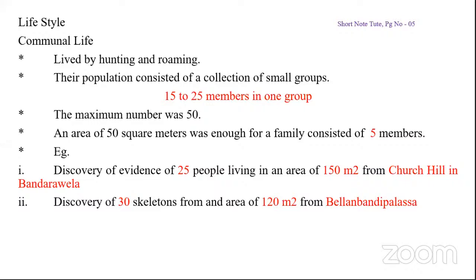Now, you can divide 150 by 25, but the average use of space is what is given by Church Hill in Bandaravela. Then, discovery of 30 skeletons from an area of 120 square meters from Bellanbandi Palace. There's a small printing mistake: it should be from an area of 120 square meters. So Bellanbandi Palace and Bandaravela were the two places where we are given evidences that they were living in small groups of 15 to 25.